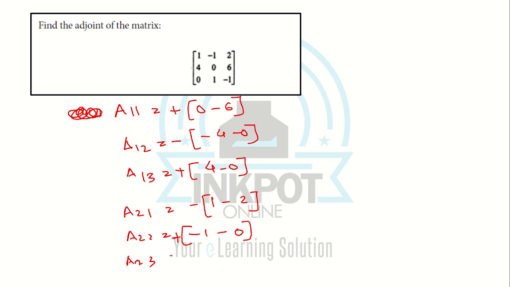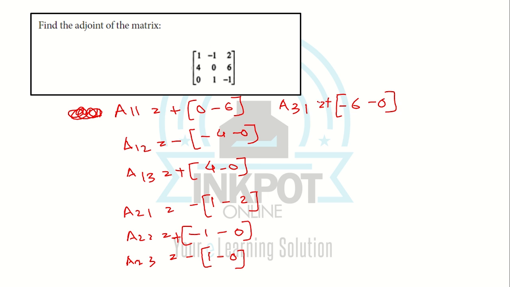A23 would be equivalent to negative of, so you have the second row third column, 1 minus 0. Then you have A31, which is equivalent to positive of 3 and 1, so this is minus 6 minus 0.